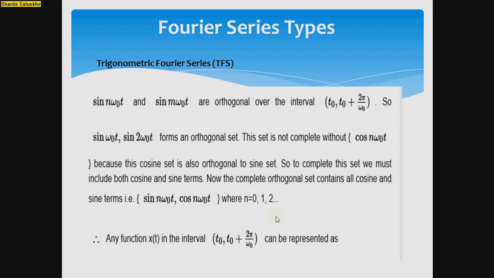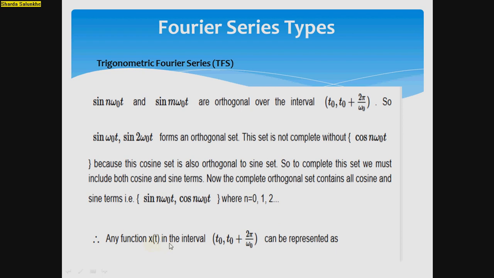This set is not complete without the cosine terms, because the cosine set is also orthogonal to the sine set. So to complete the set we must include both sine and cosine terms. The complete orthogonal set contains all cosine and sine terms, that is sin n omega 0 t and cos n omega 0 t, where n is 0, 1, 2 and so on.